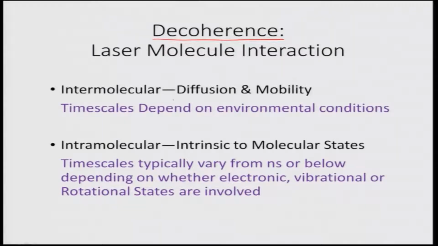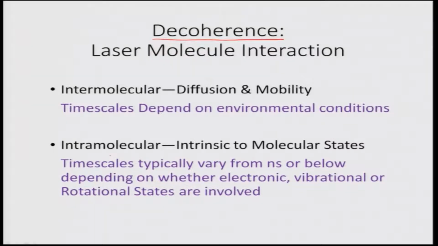One which is intermolecular, which is due to diffusibility and mobility, and their time scales depend on environmental conditions. If it is a liquid, it has one time scale; if it is a gas, it has another time scale, and if it is a solid. So, depending on the states of matter, this can have different time scales, proximity, and the motion of the particles, everything put together.